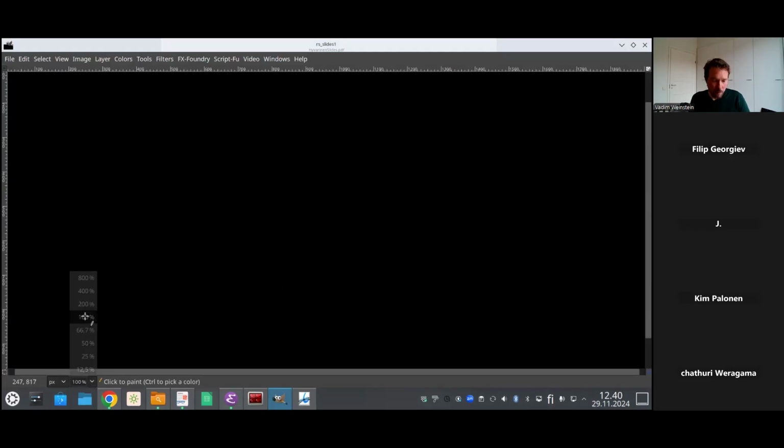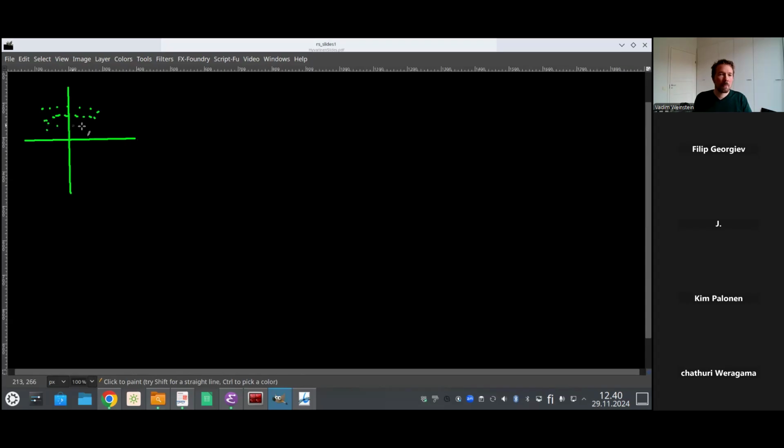So imagine, this is a very simple example. Say we have this, sorry, let's try to make it straight. So we have this square type of data.